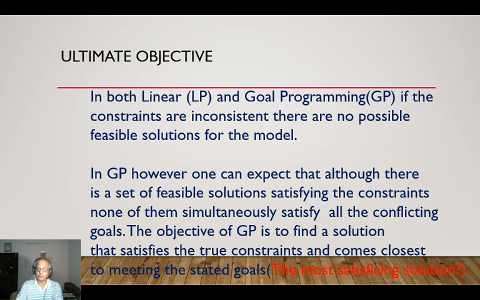You cannot expect to satisfy all the goals. The objective of GP is to find a solution that satisfies the true constraints and comes closest to meeting the stated goals, which is called in management terms the most satisfying solution. So in goal programming, you can get only the most satisfying solution, and it is not an optimum solution.